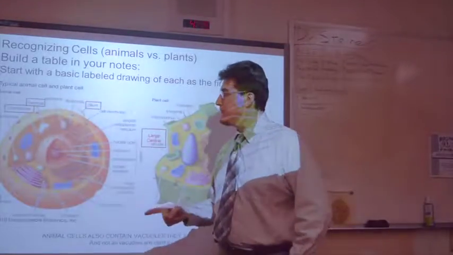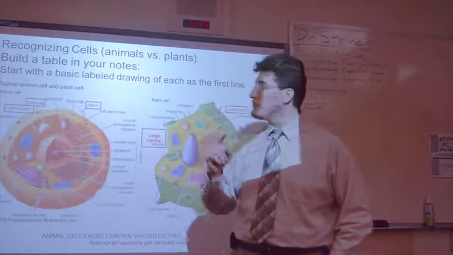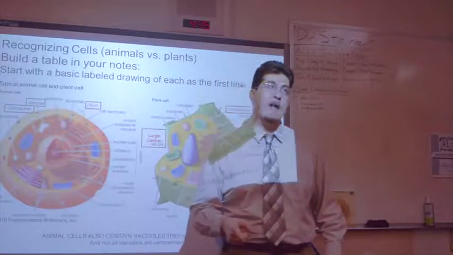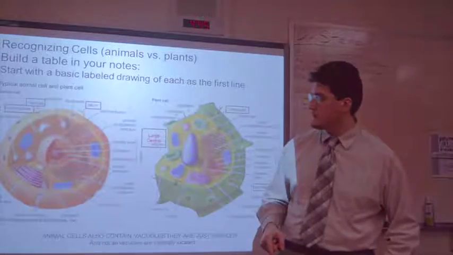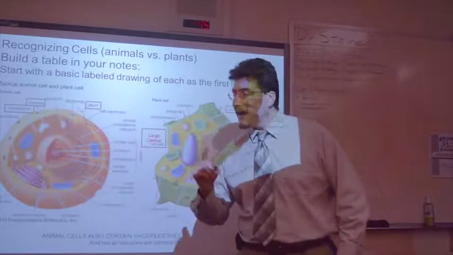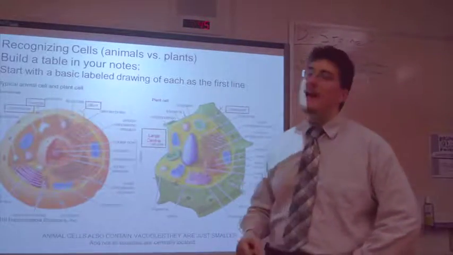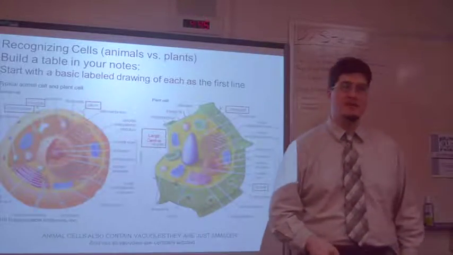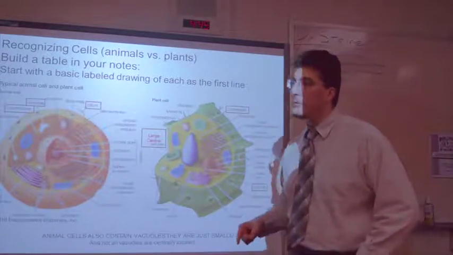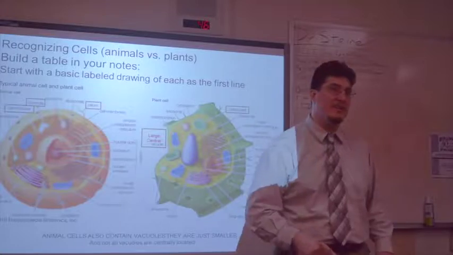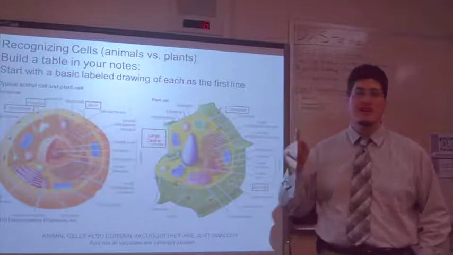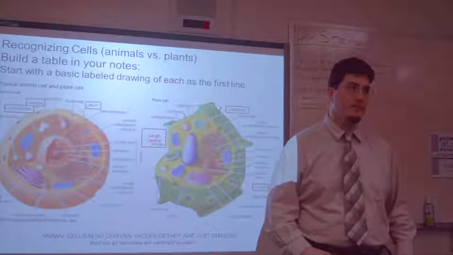I see a centrosome and centriole complex, so it must be an animal. I see a large central vacuole, so it must be a plant. I see a chloroplast, so it must be a plant. I see a cell wall, so it must be a plant.